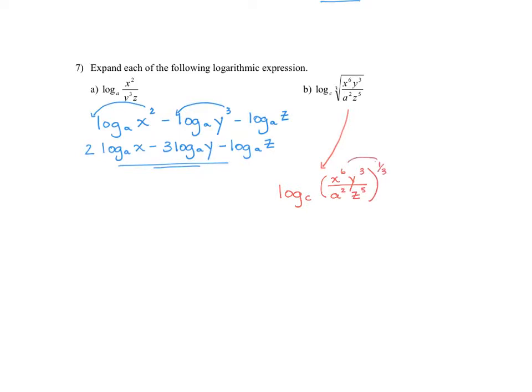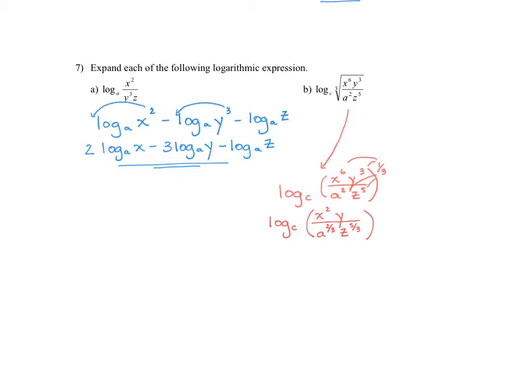And then we want to make sure we raise everything within the argument to the 1/3 power. So we'll get log base c of x squared y over a to the 2/3 z to the 5/3.